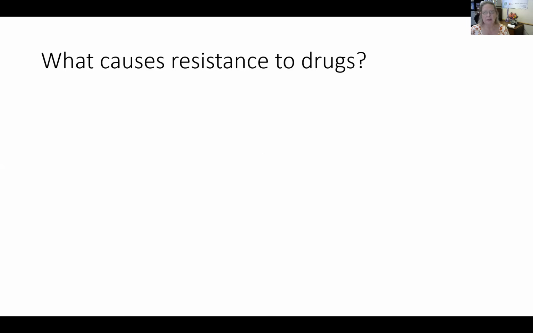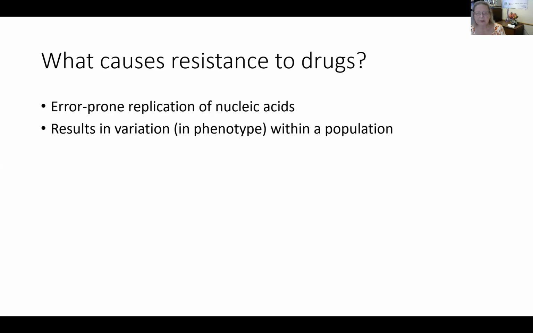Okay, but let's go in a little more deeply. So first of all, you get variation because when nucleic acids are replicated, there is often an error-prone replication process. In particular, you get this with viruses that have error-prone replication machinery, and bacteria.